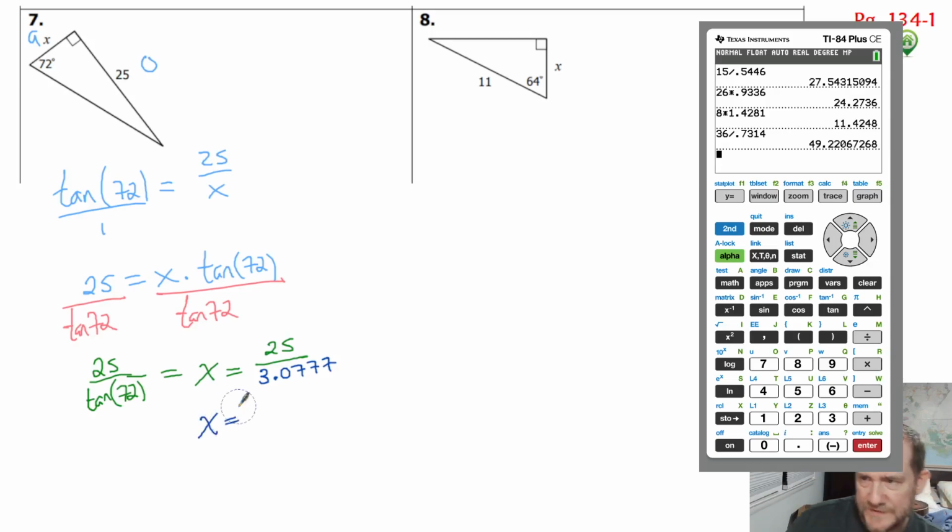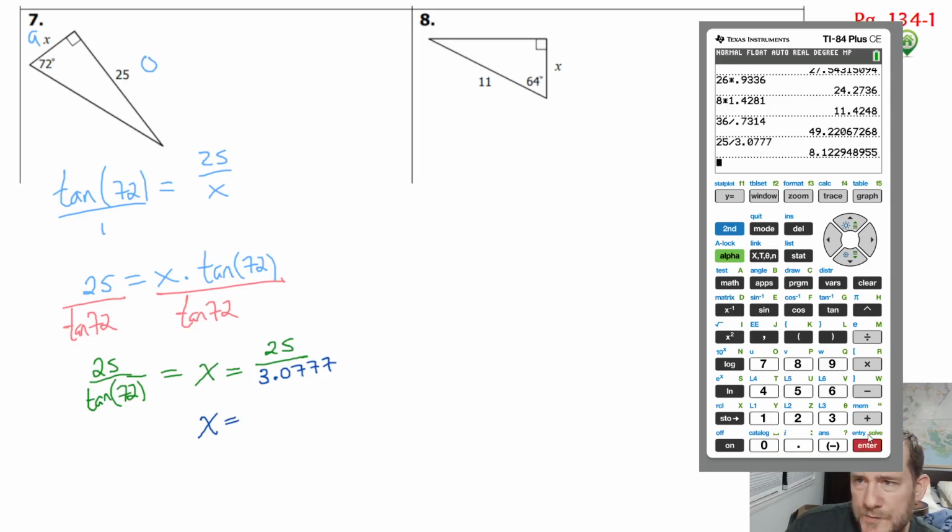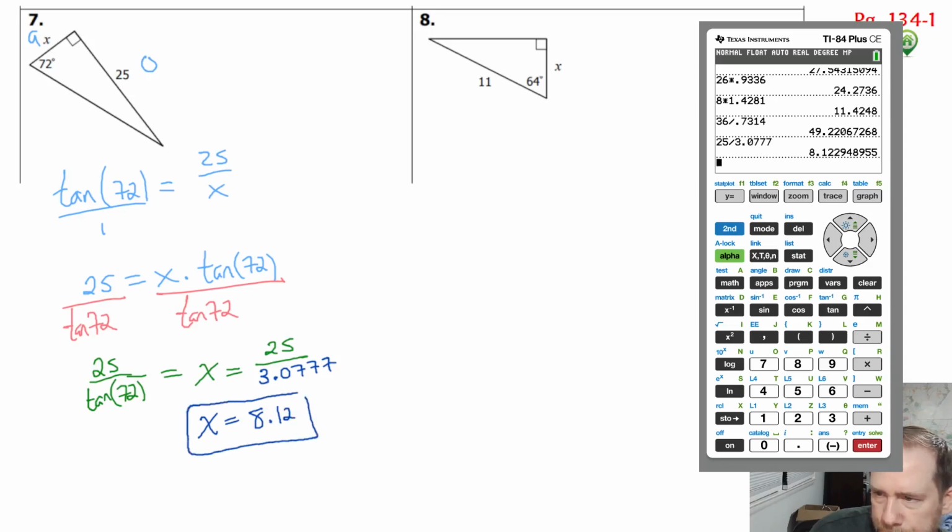So I'm definitely expecting an answer that's less than 25. Let's go see what that answer is. 25 divided by 3.0777 is 8.122. So if I round off correctly, it's 8.12. That's another one down. Let's do number 8.